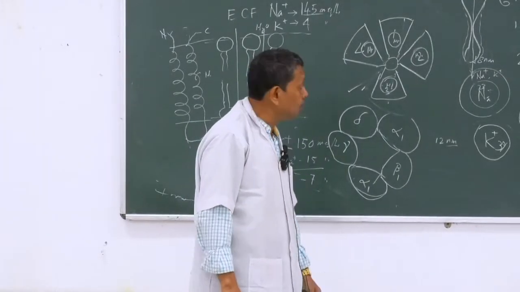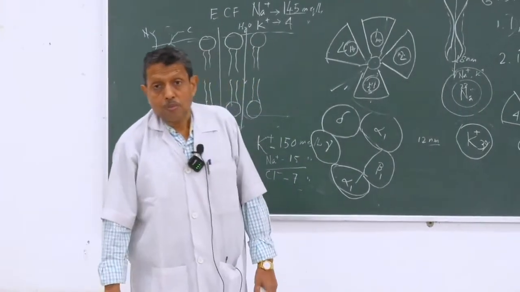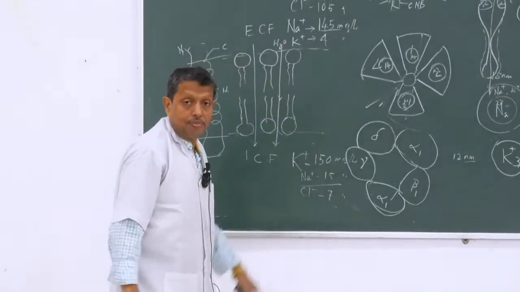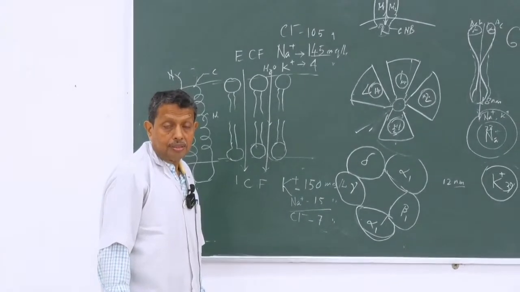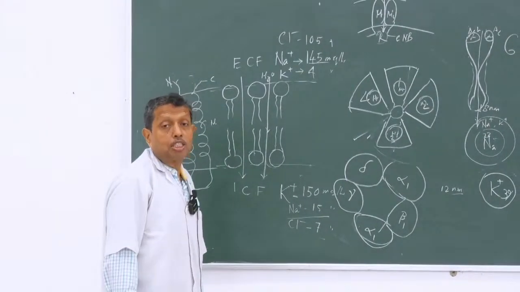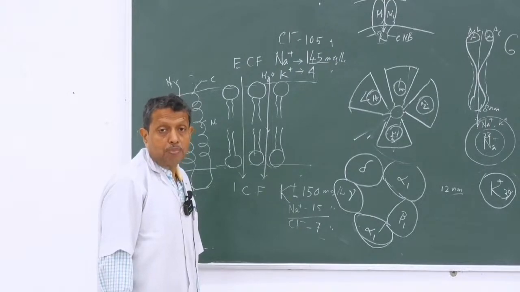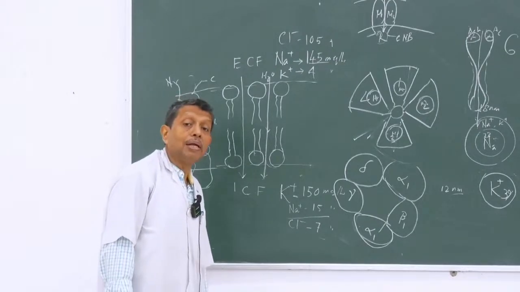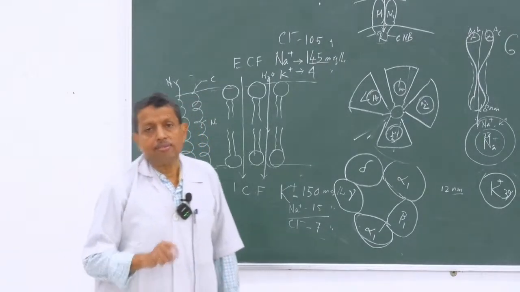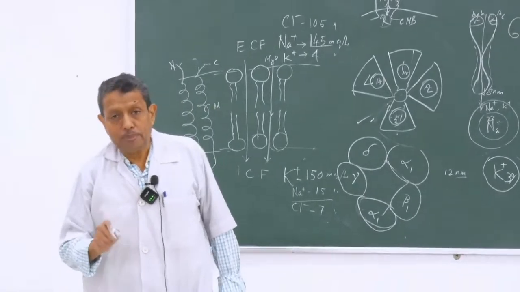But in some cases it is required for sodium to go from inside to the outside, and in that case there is active transport, and they have enzymic activity, because whenever there is uphill movement, there is requirement of ATP.